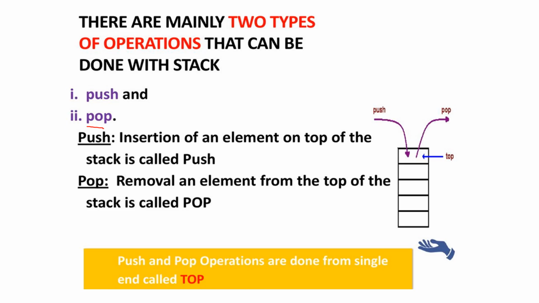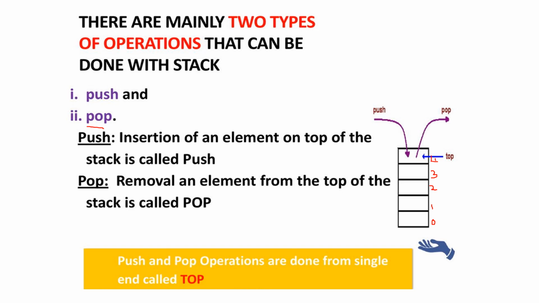Let us assume there are 5 elements. The fifth element is pointed to by the top pointer. If there are no elements in the stack, the top will be -1, because -1 means nothing is there in the stack. Generally, the memory locations start from 0, 1, 2, 3 and 4.